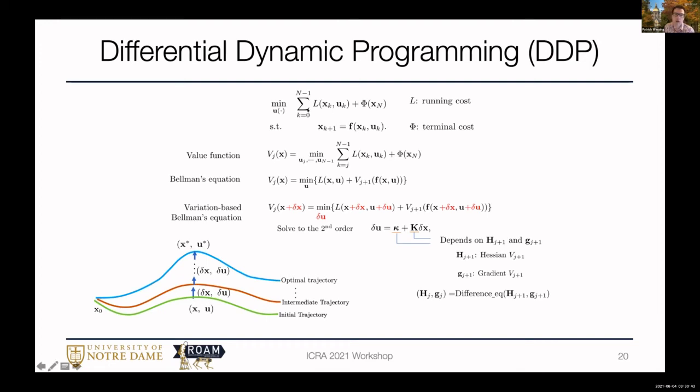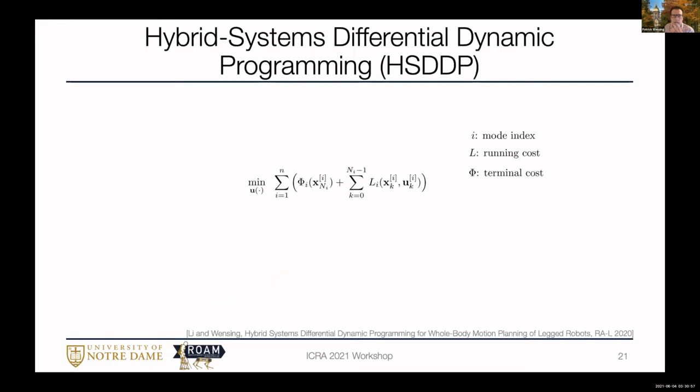In its most vanilla form, this DDP algorithm only handles these dynamics constraints. It doesn't handle any more general constraints, and that limits the ability to apply this algorithm to hybrid systems, as we would like in our legged locomotion work. So we've recently extended this DDP paradigm to solve hybrid systems trajectory optimization problems.